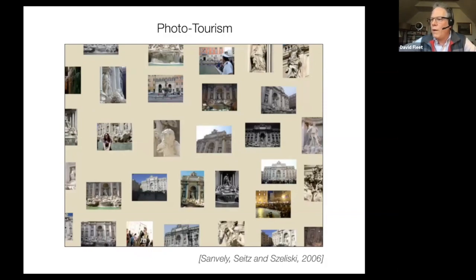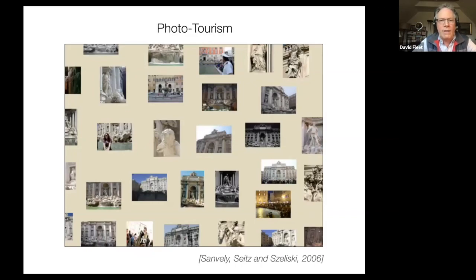So what they effectively did was, let me find out where I am in my notes. Yeah, so what these guys did was they chose a place in the world, like the Trevi Fountain in Rome, in Italy. They searched up thousands and thousands of images of this one place.